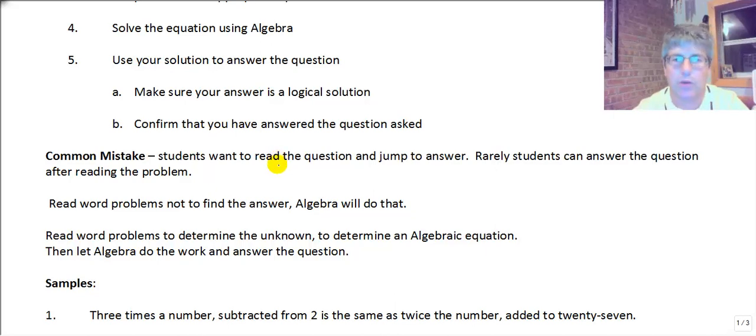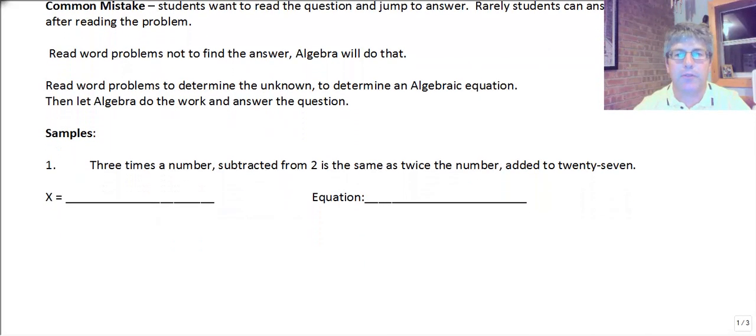So read word problems not necessarily to find the answer. Let the algebra find the answer. Read word problems to determine the unknown and determine the algebraic equation. That's really why you're reading the problem. You want to get an equation. Then you can let algebra do the work to answer the question.